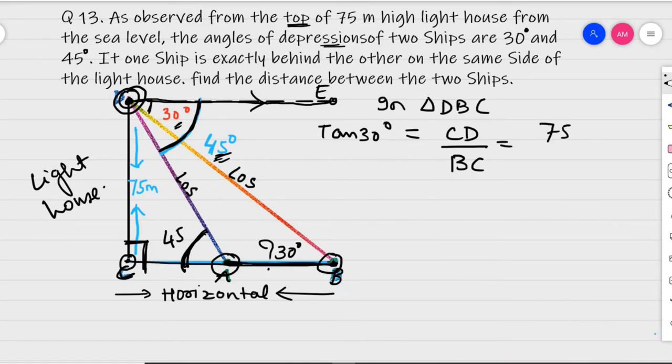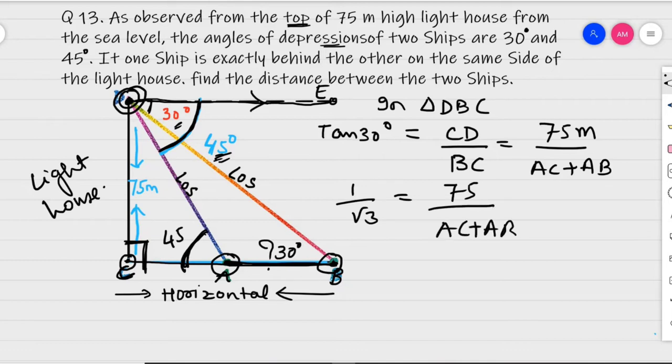CD is 75 meters, and BC is nothing but AC plus AB. Tan 30 is 1 by root 3, so 1 by root 3 is equal to 75 by (AC plus AB). Children, from here, cross multiplying, you are getting AC plus AB equal to 75 root 3.